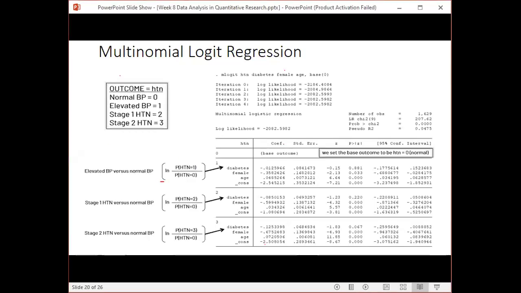Okay, the multinomial logit regression. It follows a similar interpretation. You get to see that it also comes with p greater than z. So all of these are your p values. They are the ones that you look at and then find out if you are going to reject the null or not. You see this 0.00 is clear.